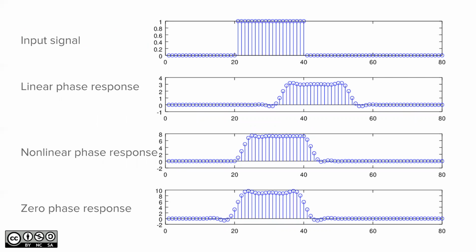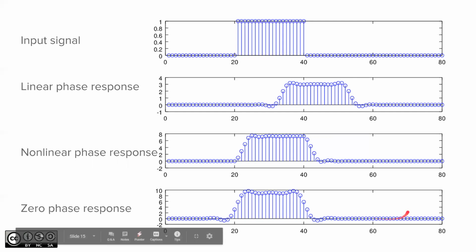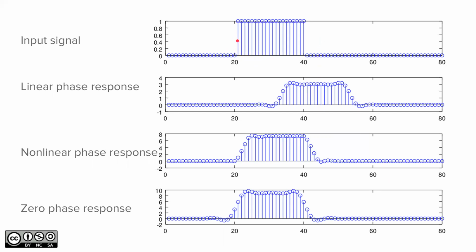So topmost is the input signal for a digital system. The second one, the system has a linear phase response. And with linear phase response, first of all, there is a considerable time delay.